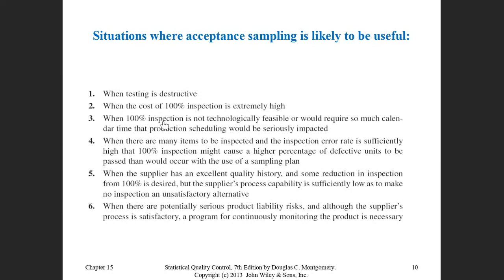When 100% inspection is not technologically feasible, this refers to the example I was just explaining. In some food industries, I really recommend you watch some of the food-making programs on the National Geographic Channel. They are very informative and educational videos that show how factories work. As an industrial engineer, you can be inspired by those videos about how the future of manufacturing will be.